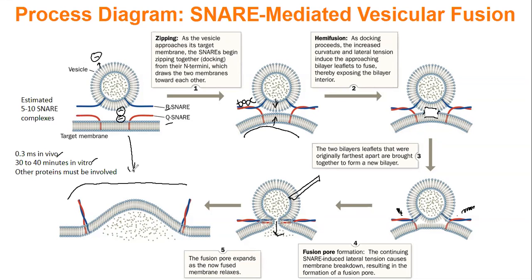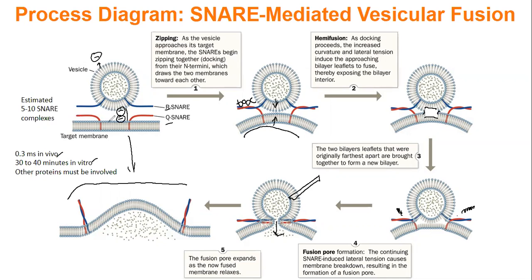But think of the snares almost like zip ties or some other piece of string that, when you wind it around each other, gets more and more tense, right? And it's literally dragging this vesicle and this plasma membrane together to force them to interact and to force them to become one.